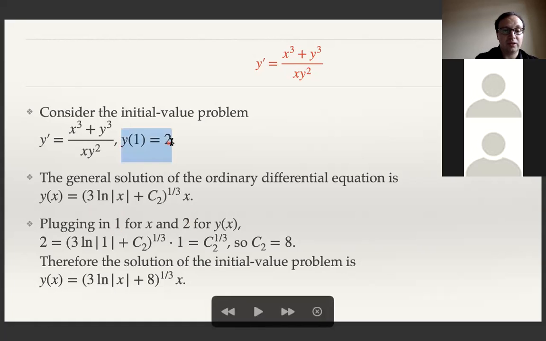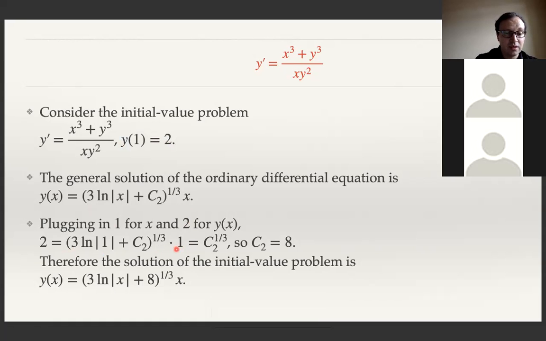So these are given by the initial condition. We get 2 is equal to (3 times natural log of absolute value of 1, which is 0, plus c2) raised to the power 1/3 times 1. Times 1 doesn't matter. So 2 is equal to c2 to the power 1/3, which means that c2 is equal to 2 cubed, so c2 is 8.